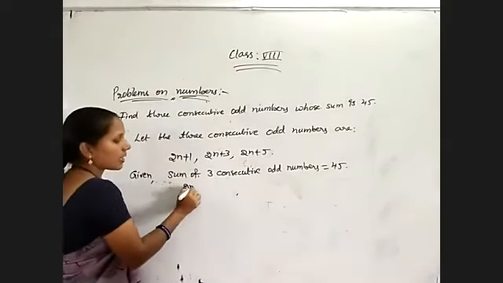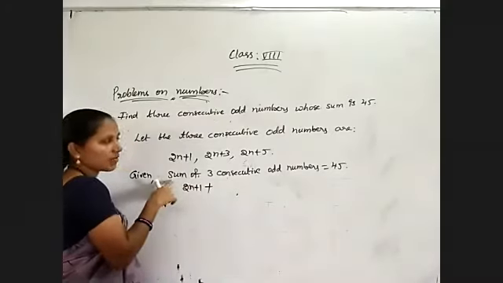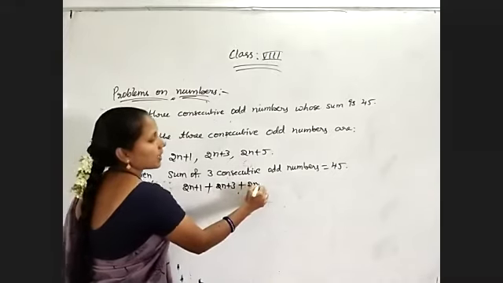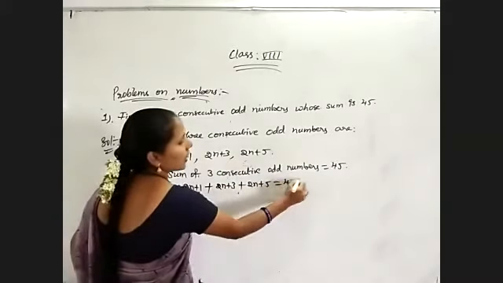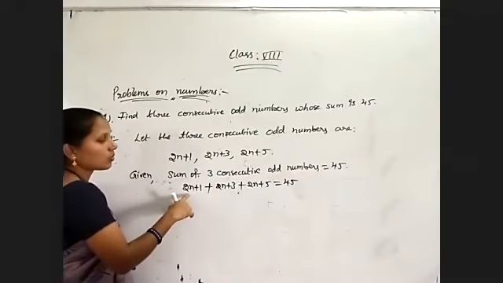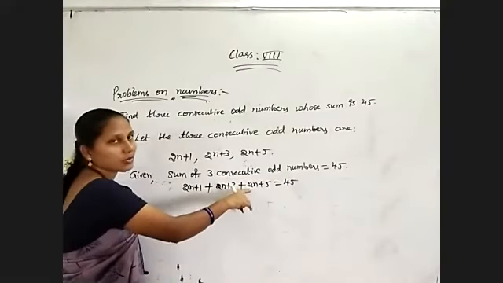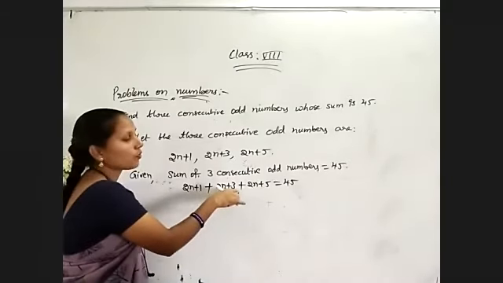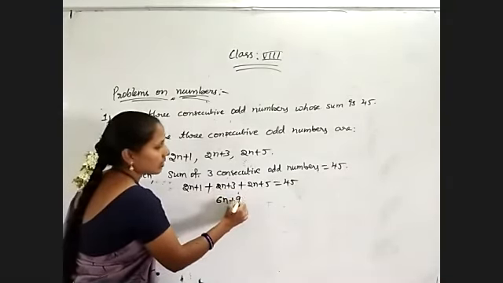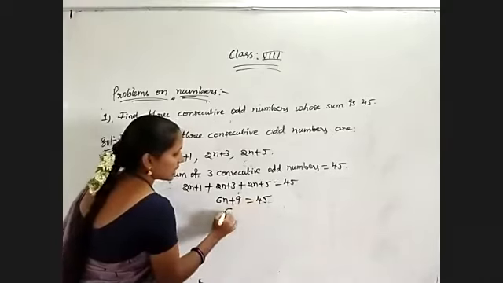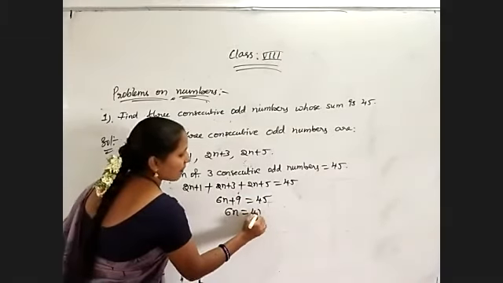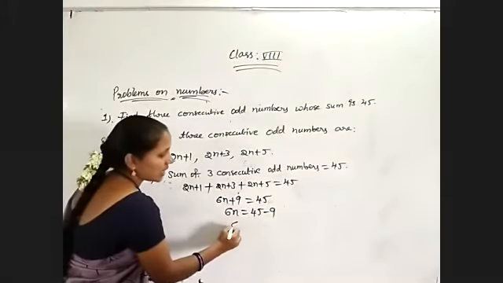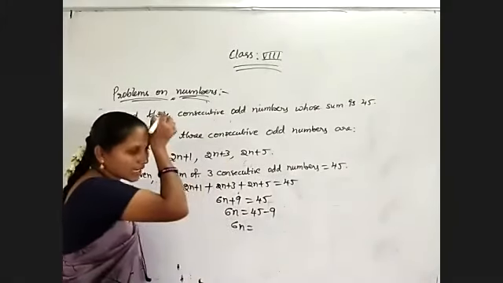Those are 2n plus 1 plus, because we are finding the sum, 2n plus 3 plus 2n plus 5 is equal to 45. Now 2n plus 2n plus 2n is 6n, and 1 plus 3 plus 5 is 9, equal to 45. 6n is equal to 45 minus 9. So now we got the linear equation. 6n is equal to 45 minus 9, 36.